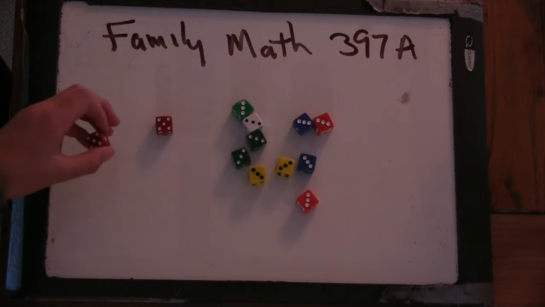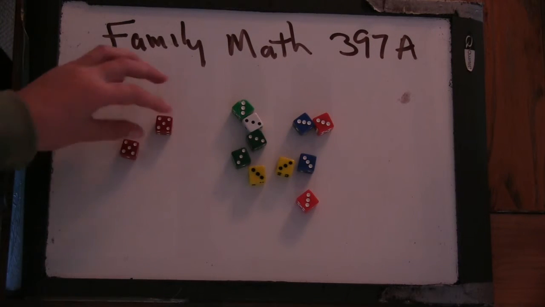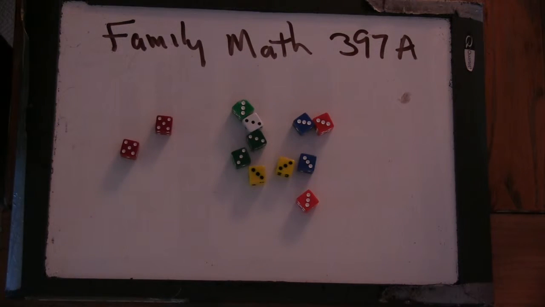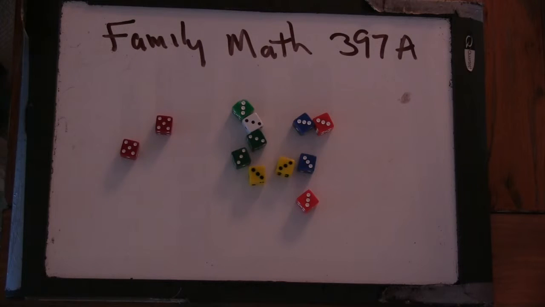So there's 5 choices for what this die can be, and then you can do it the other way. And then there's this case. So that would be 11 cases out of 36. 11 out of 36 that at least one's 5.